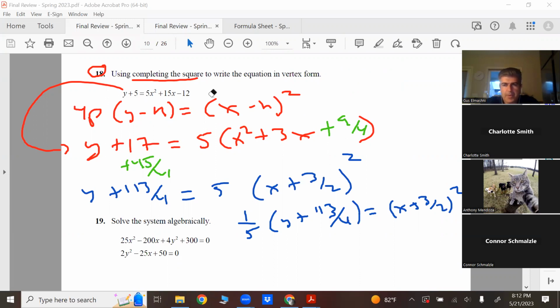P would be a weird number here, but again, I'll give you something really straightforward. But that's how you do the complete-the-square process, especially when the leading coefficient of the quadratic is not 1. You pull the 5 out, then take half of the linear coefficient, square it, and add to both sides.